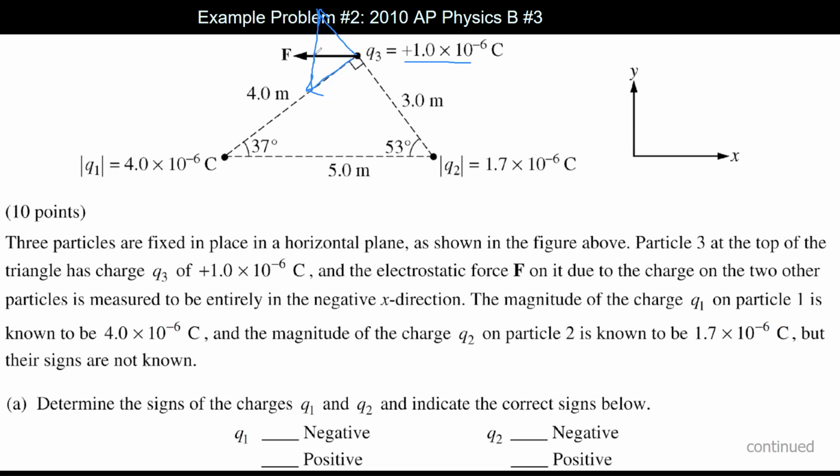So there should be a force that goes down that's attracting to one of the two, and then there should be a repulsive force for Q1, exactly like how this blue triangle looks. Since there's an attractive force between Q1 and Q3, we know Q1 is the opposite charge, so Q1 has to be negative. Then since there's a repulsive force between Q2 and Q3, Q2 has to be a positive charge.